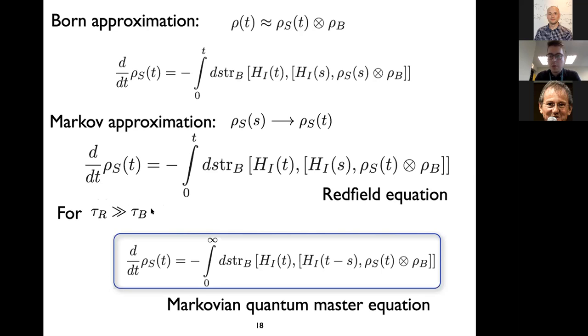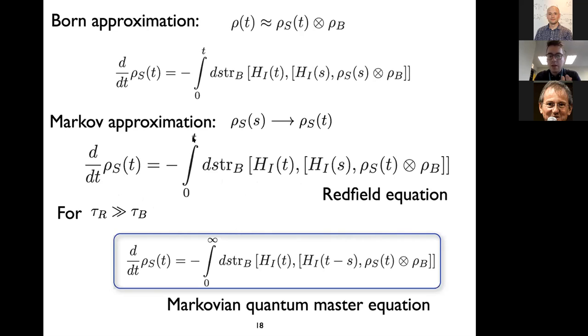And this timescale tau B characterizes the decay of the reservoir correlation functions, which are contained within this integrand. With this separation of timescales, we're assuming that these reservoir correlation functions decay very quickly over any timescale over which the reduced density matrix of our open system appreciably varies.